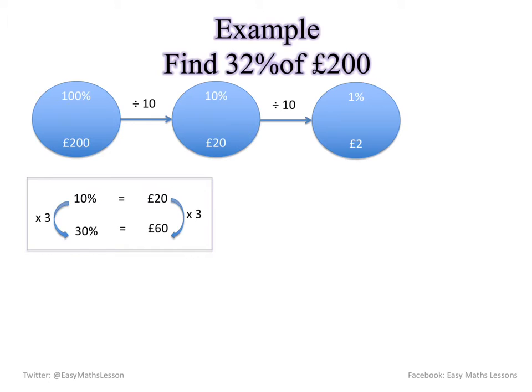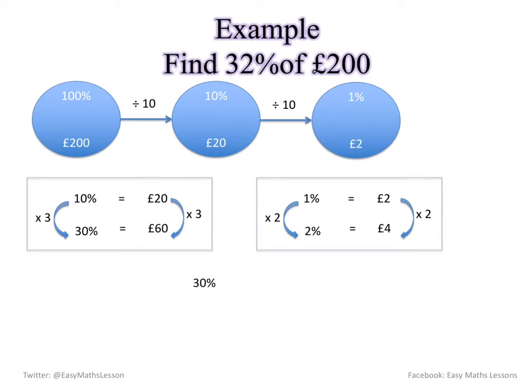Once I've got my 30%, which is £60, I'm also going to take 2 of these 1%. So I've got 1%, which is £2, and therefore 2% must be £4. So I'm going to add 60 and 4 to get to 64, which is the same as 32%. And there you go.